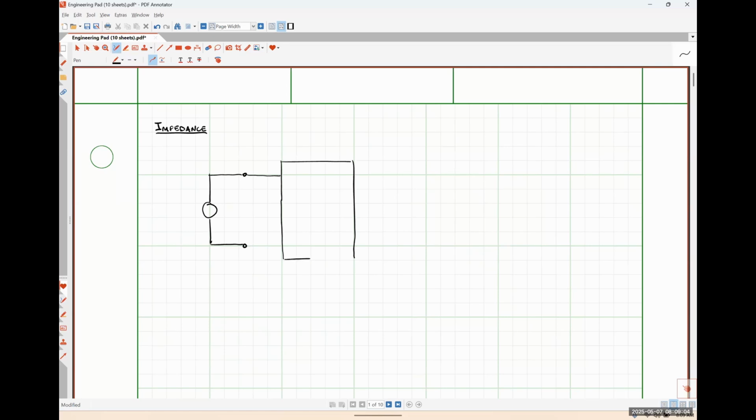We defined the resistance of our network to be the ratio of the voltage drop across our network divided by the current flowing into our network.